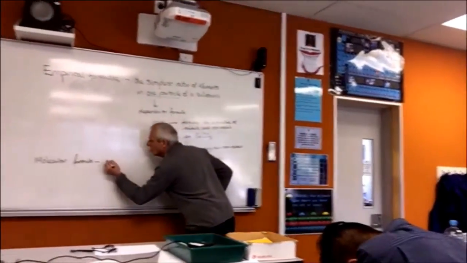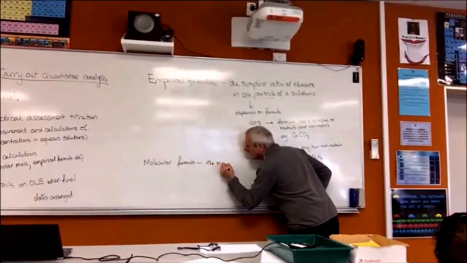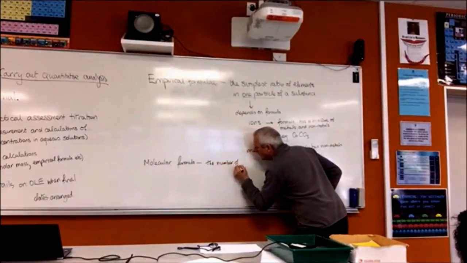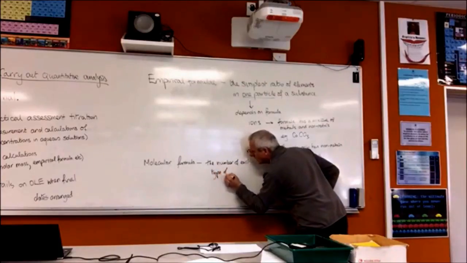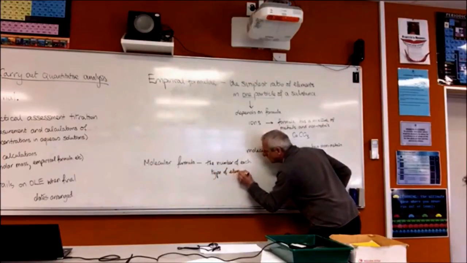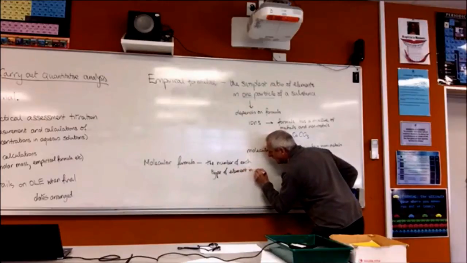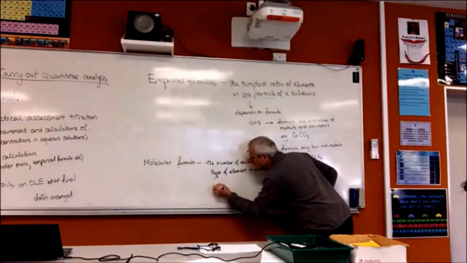So this is the number of each type of element in a molecule.